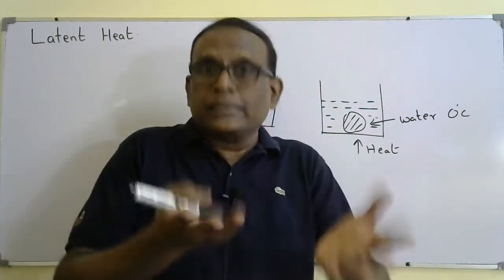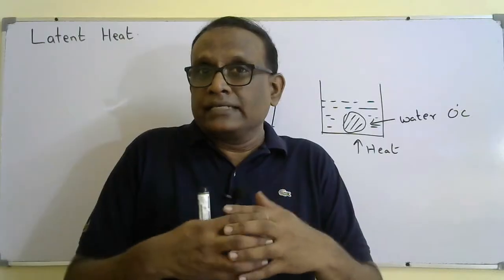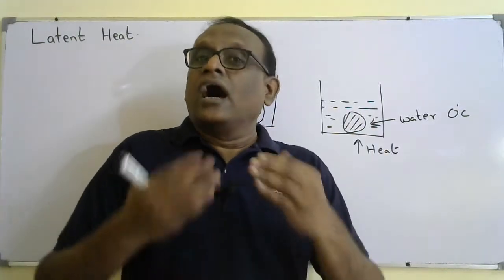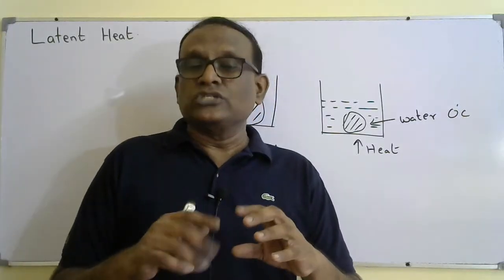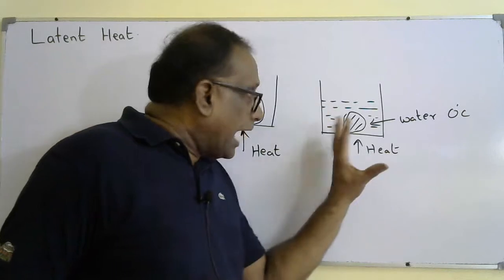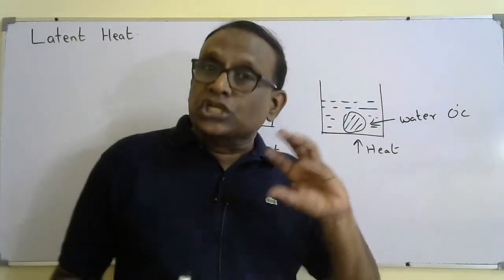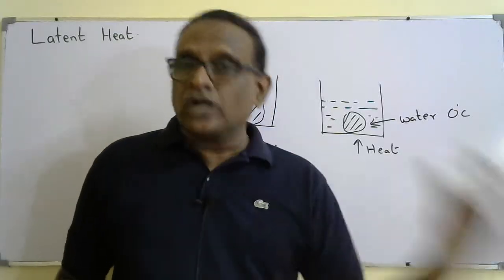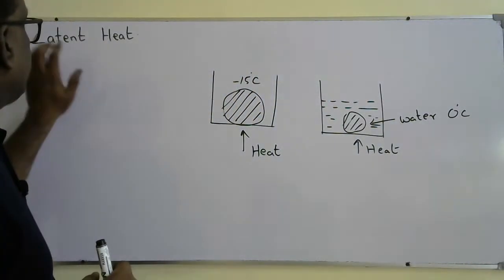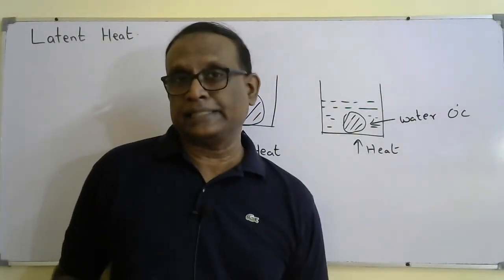It looks like the heat we supplied is hidden, because all the heat we supplied is used to weaken the bonds. That's the reason the heat absorbed by the ice during its state change from solid to liquid is called latent heat. The meaning of latent is hidden heat, because there is no change in temperature.